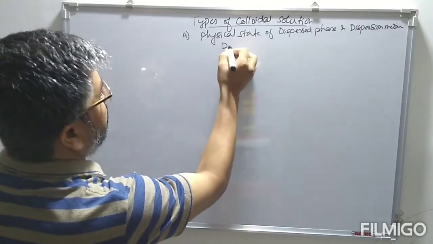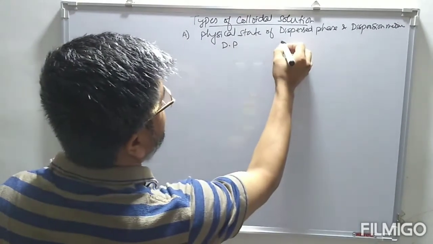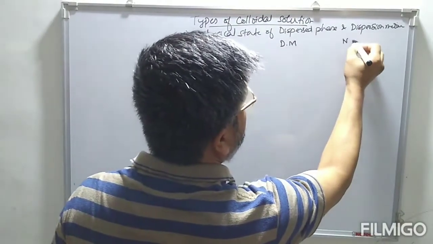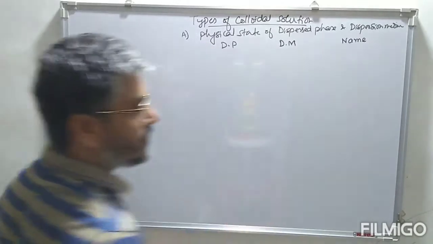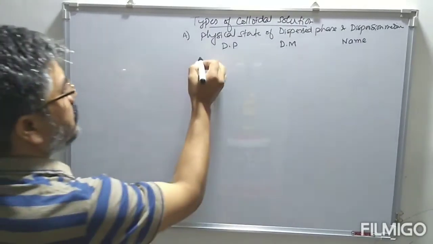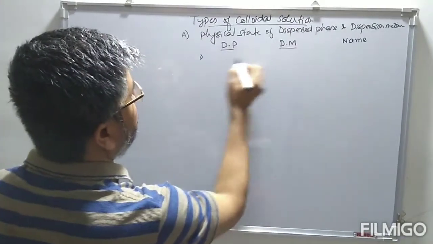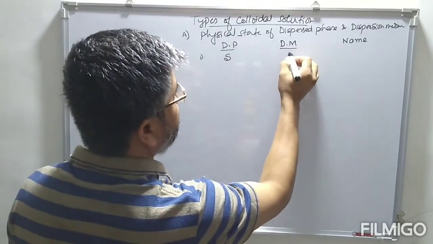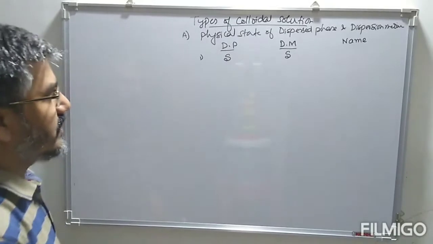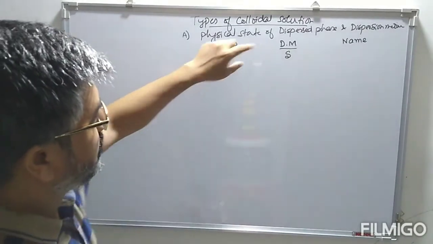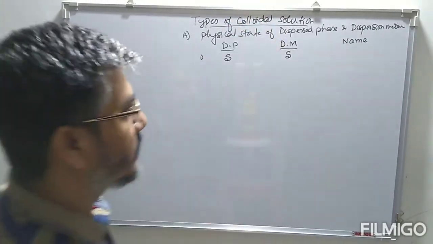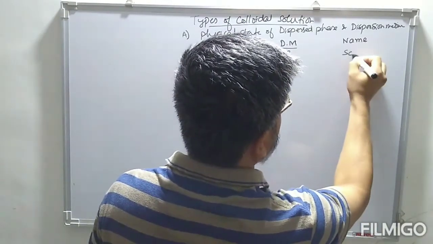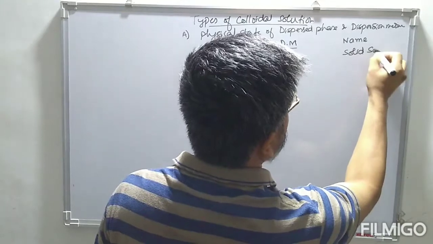So we have dispersed phase, dispersion medium, and name of colloidal solution. Dispersed phase is solid, dispersion medium is also solid. These are known as solid sols.